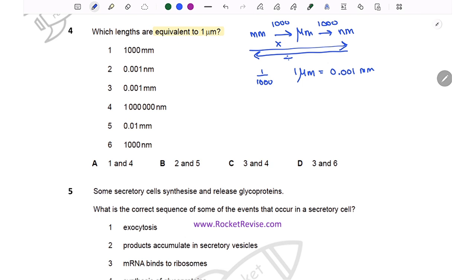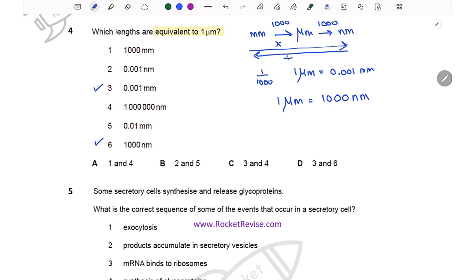And then the other way around, 1 micrometer can also be given in nanometers, which is, as you can see, you're going to times it by 1,000. You have 1,000 nanometer. So these are the only two answers, this one and this one. Everything else is wrong.